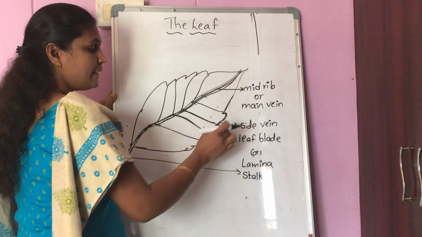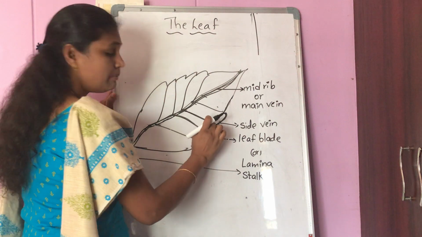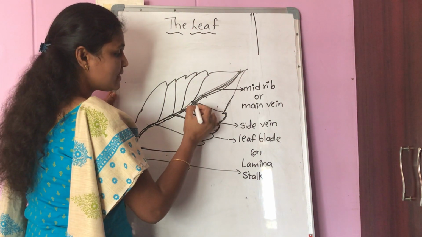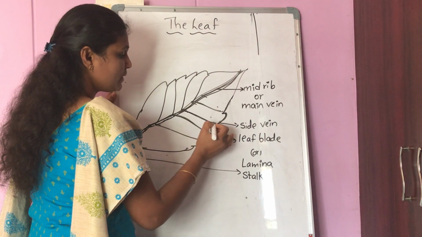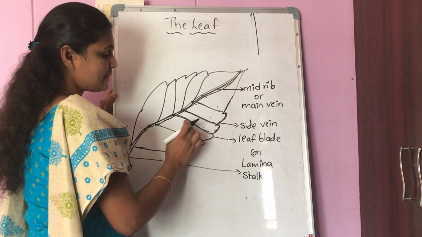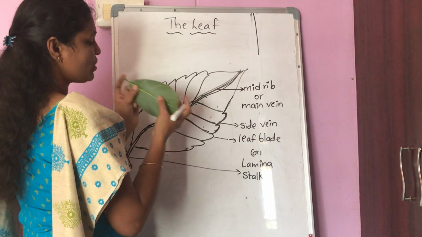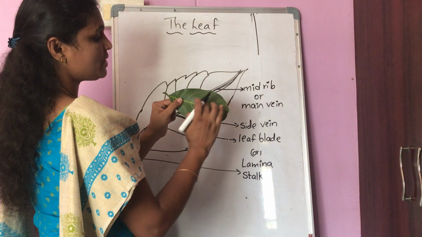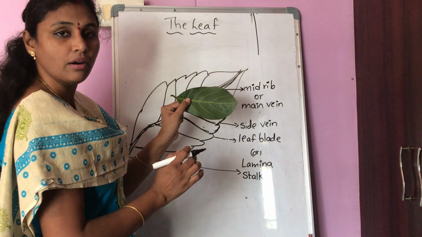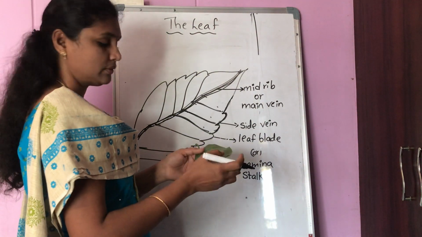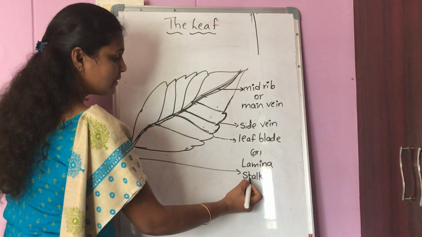For the main vein we have these side veins. The flat broad portion is called leaf blade or lamina. And this is a stalk.